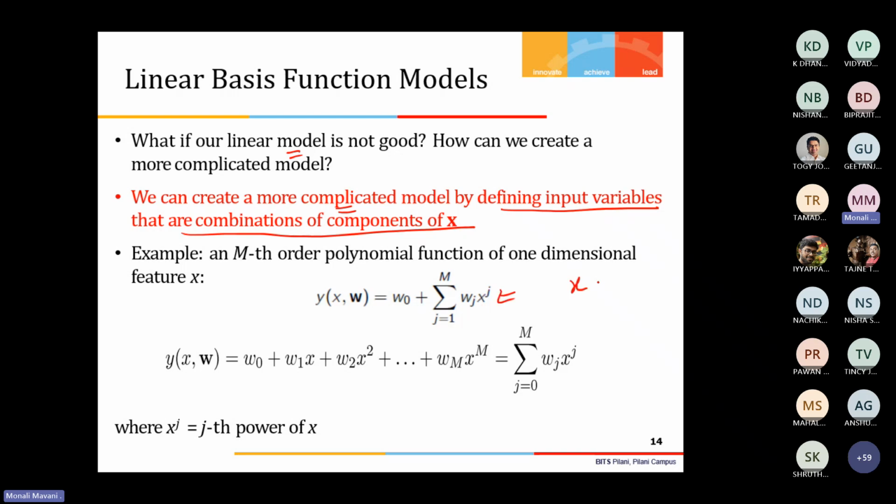Rather than x, we have created a polynomial of x. You can define up to degree 2, degree 3. If it is just degree 2, it will be W0 plus W1x plus W2 x squared. So this is m equal to 2. Likewise, we can define it; that's one example of a basis function, the polynomial function.